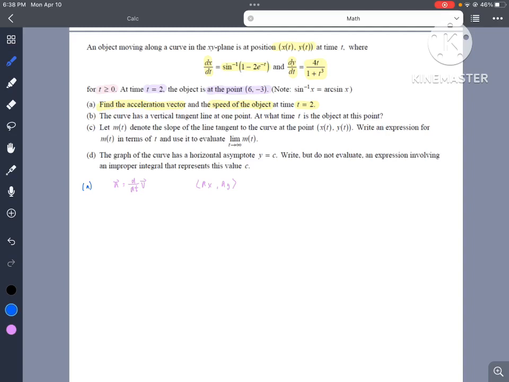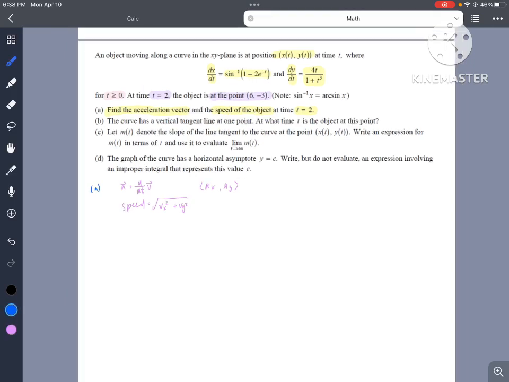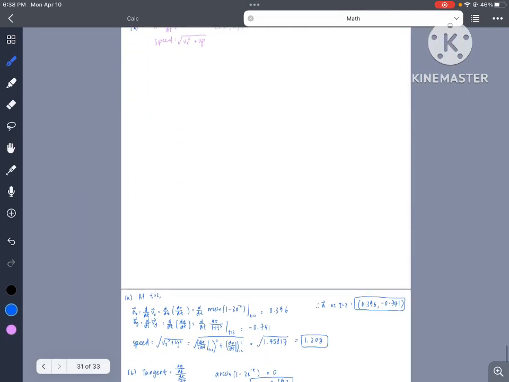And what about the speed of the object? We recall that the definition of speed is this: you have to combine the two components in the two directions. So it's defined as this. Those are the hints for the question.